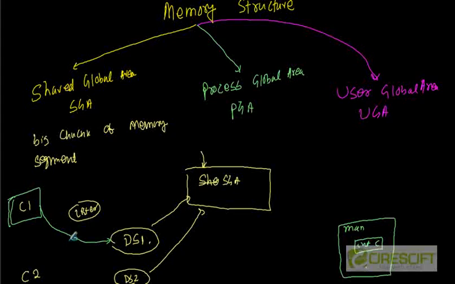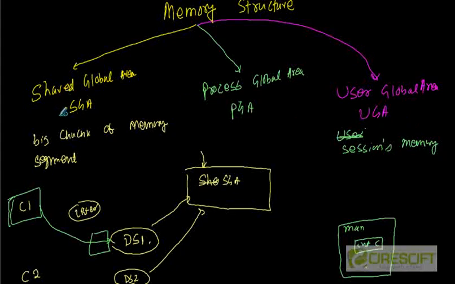So that part is called UGA, which is the user's session memory. Whatever memory I need for my user session would be reported as part of the user global area, or UGA.